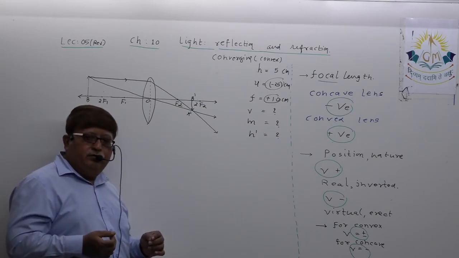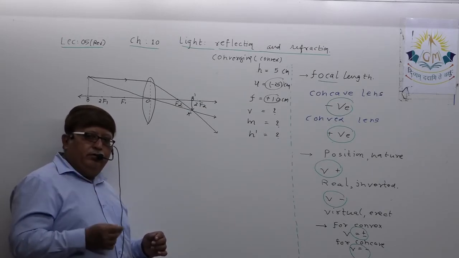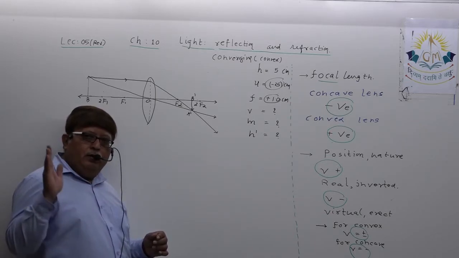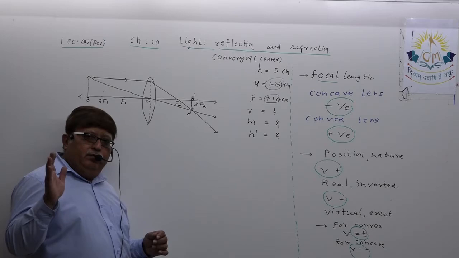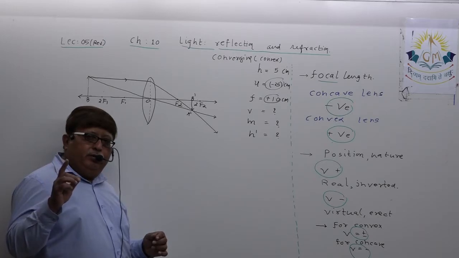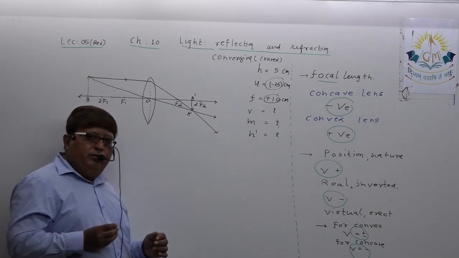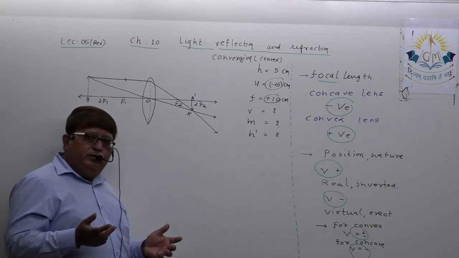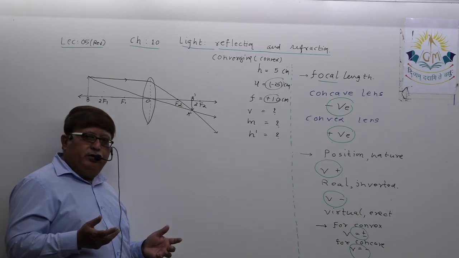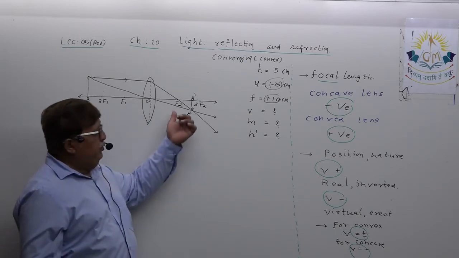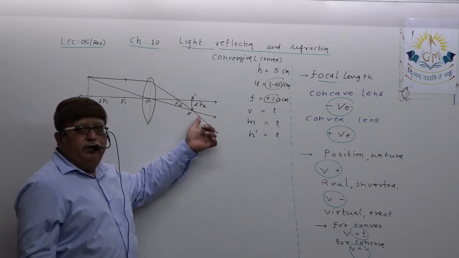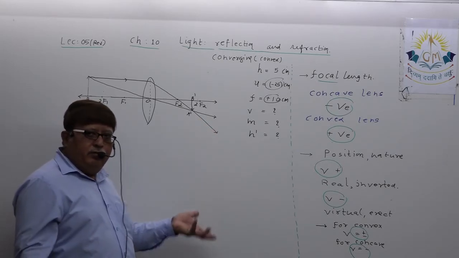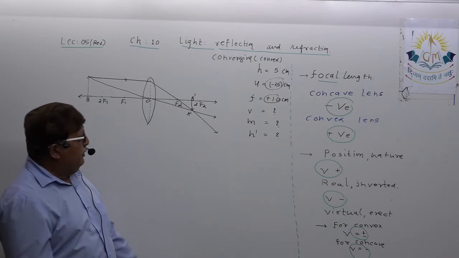And as you know from the diagram, when the object is kept away from the center of curvature, the image is always real, inverted, smaller, and it is going to be between f and 2f, where we got the distance around 16.66 centimeter.